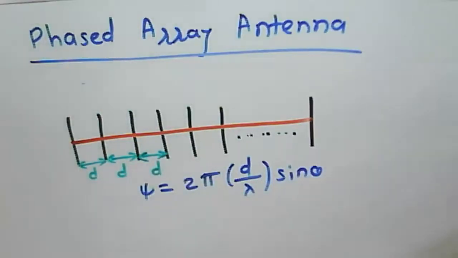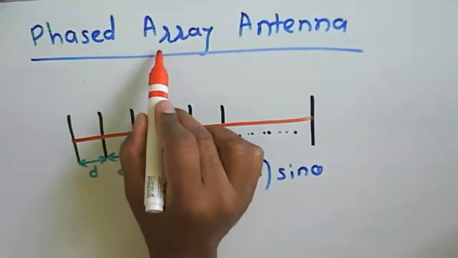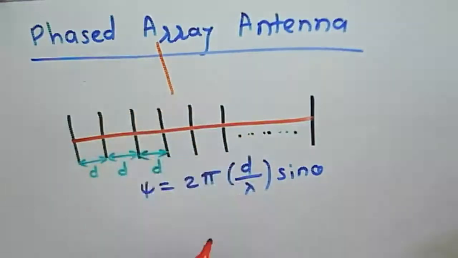d by lambda, times sine of theta. So what is theta? It is the direction in which your signal is propagating or transmitting. Generally we consider that the radiation pattern of our antenna is perpendicular, so we consider that as the normal here.